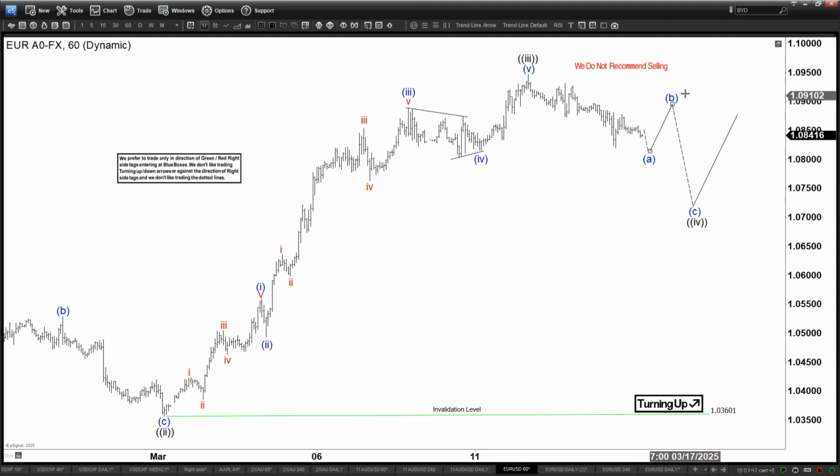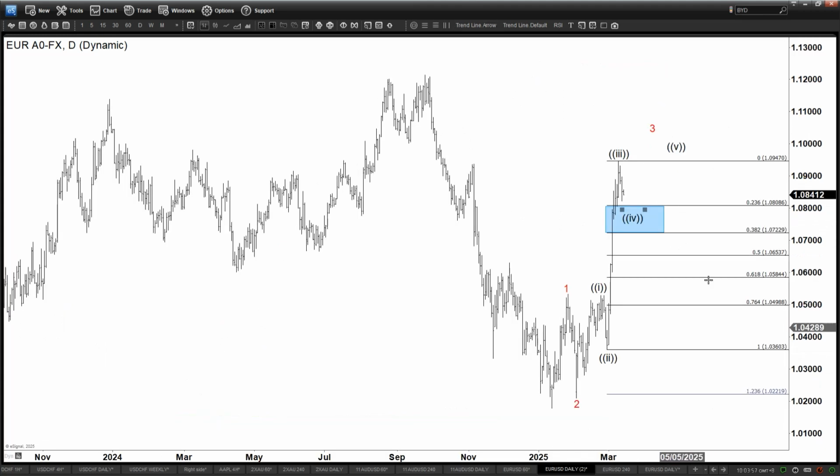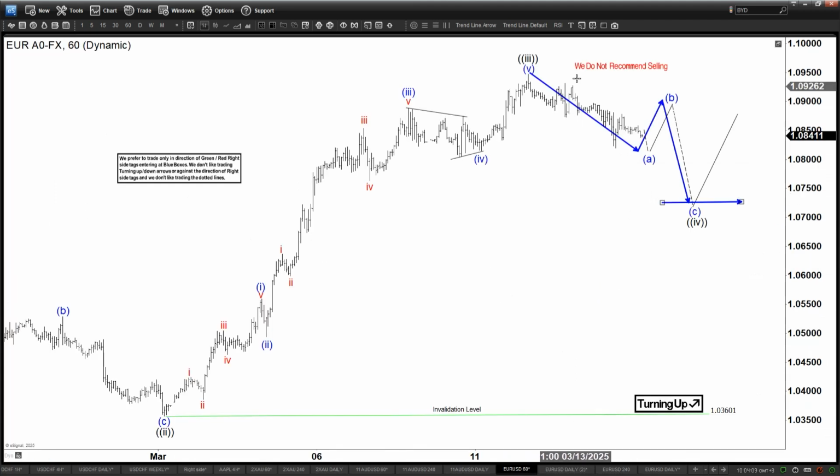If this is really going to play out, we should be looking to find support later on at the 100% extension area here, and that level should at least touch this 23.6 to 38.2% retracement area. There should be an overlap there, and that should indicate that the pullback is deep enough to qualify as a wave 4, and then it can rally higher.